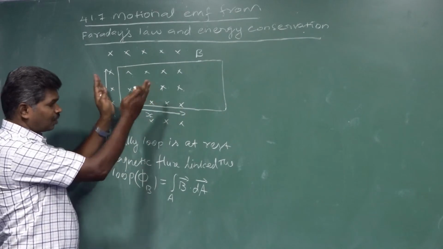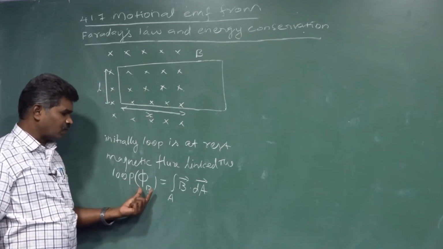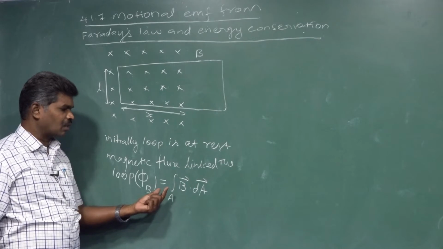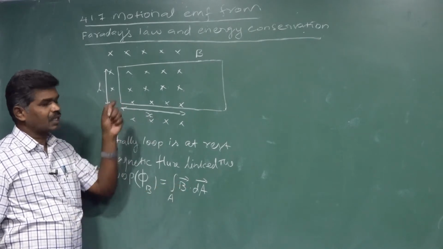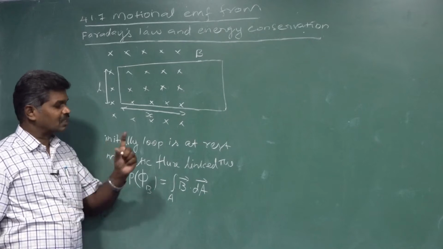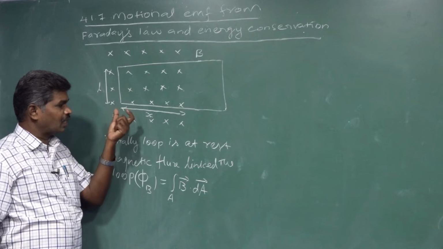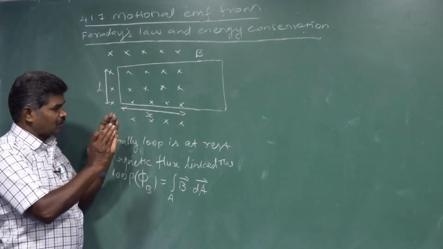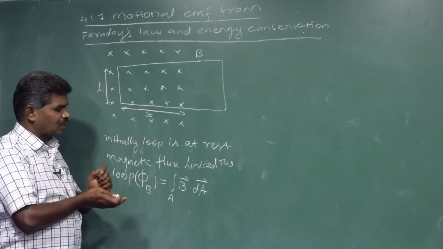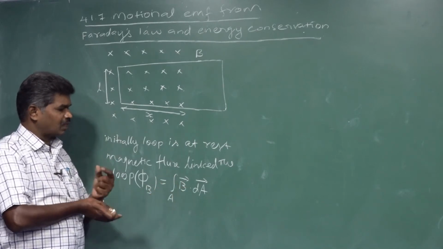Then the flux linked with the loop can be expressed as phi suffix B equal to the integral of B vector dot dA vector. Here the magnetic field induction remains constant, the total area is A, and a small part of that area is dA.